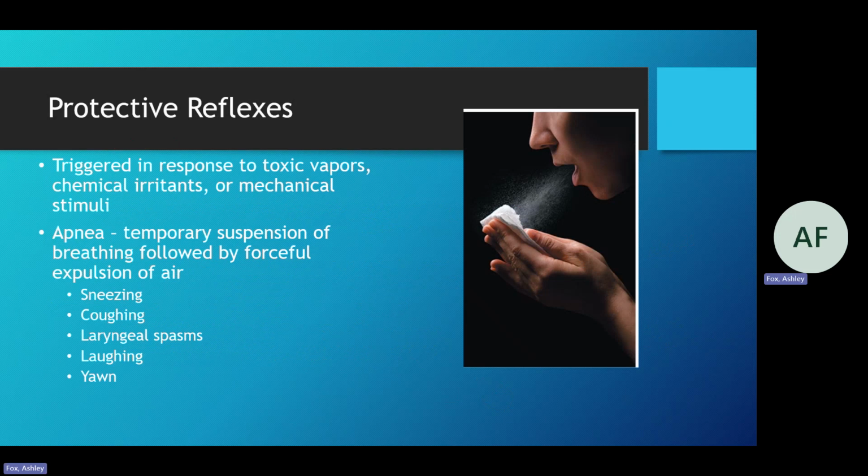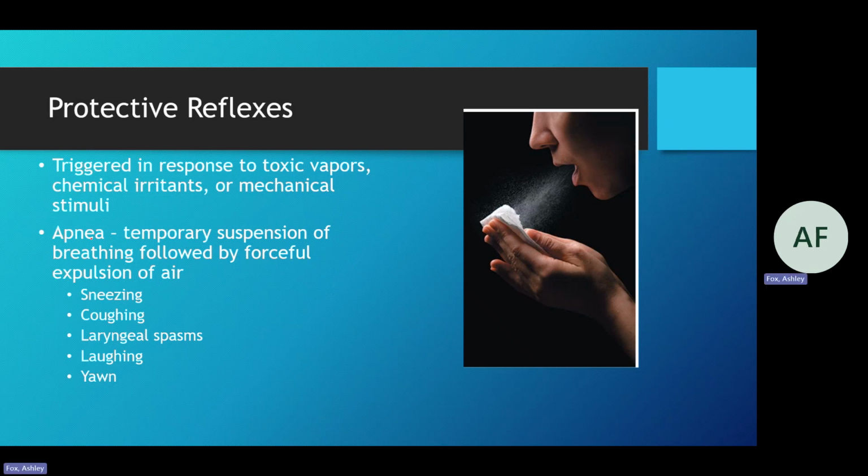We also have protective reflexes. So things like irritation, some sort of tickling, mechanical stimuli, something toxic that's sensed. Then you're going to have reflexes to protect your lungs and your airways to make sure that they stay healthy.